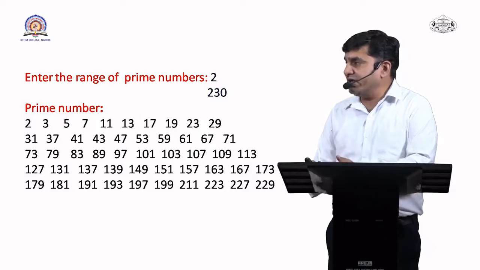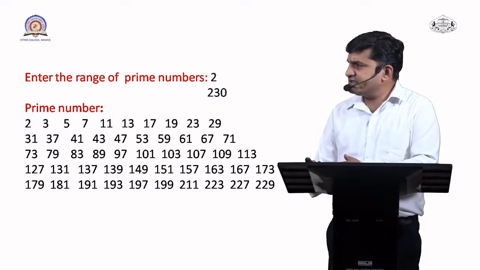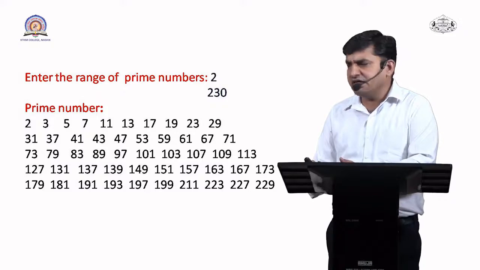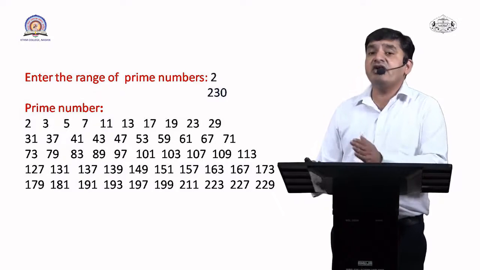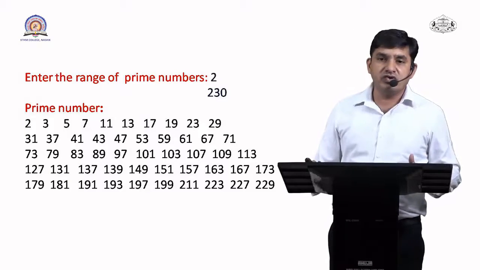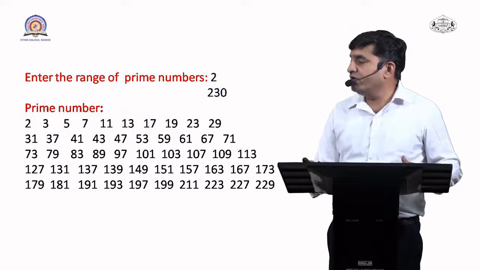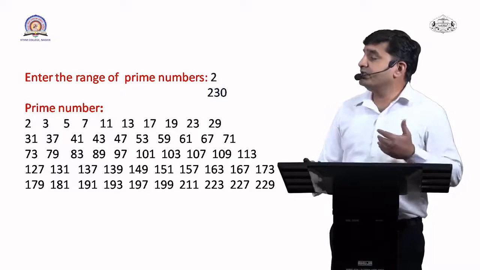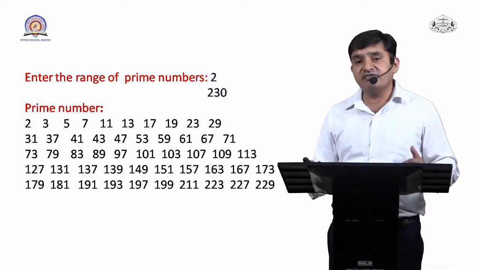First n is considered as R1, n is incremented up to R2. So this is the for loop, and when this condition is satisfied, then prime flag is considered as 1.